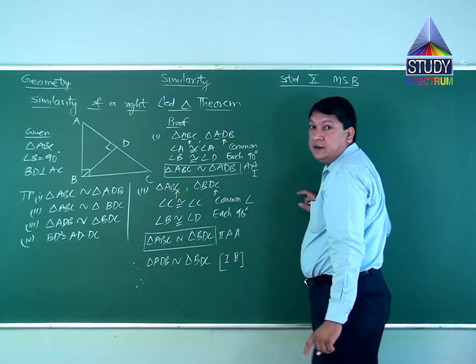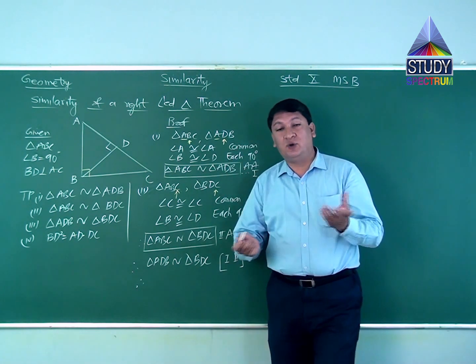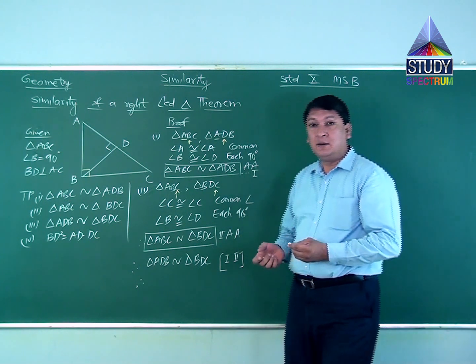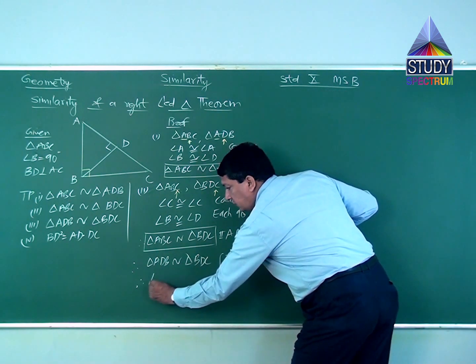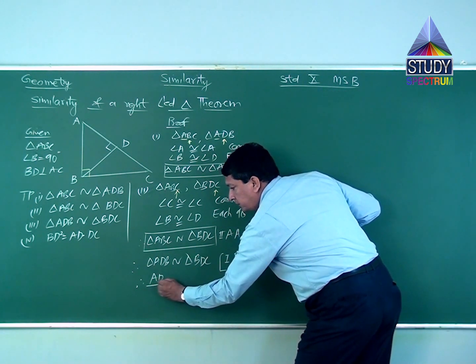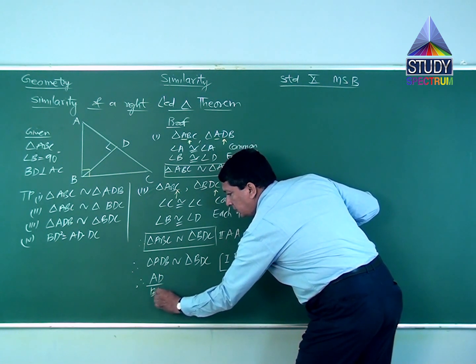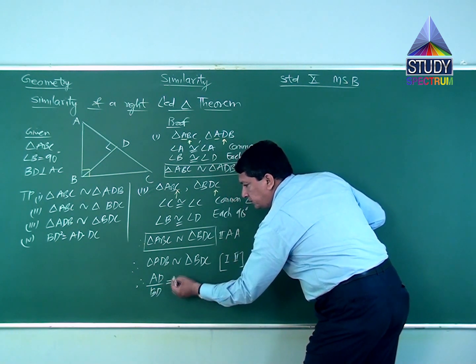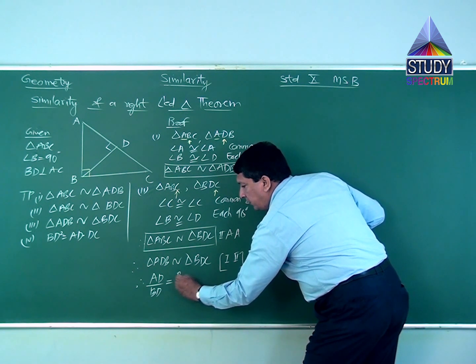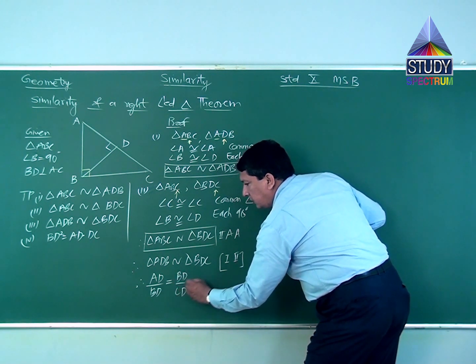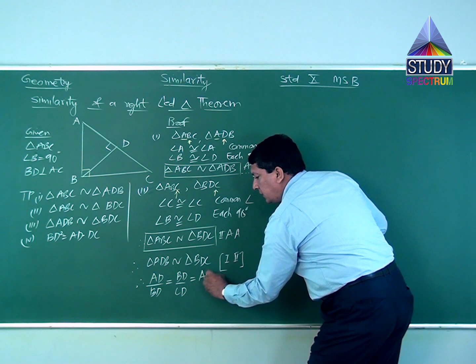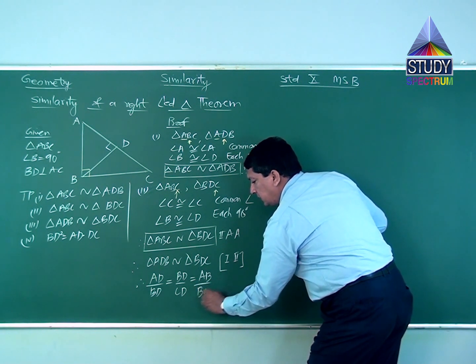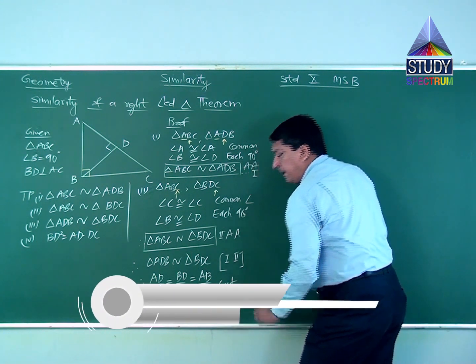We know this, that when two triangles are similar, corresponding angles are congruent, corresponding sides are in proportion. We can write AD upon BD equals to BD upon CD equals to AB upon DC, corresponding sides similar triangle.